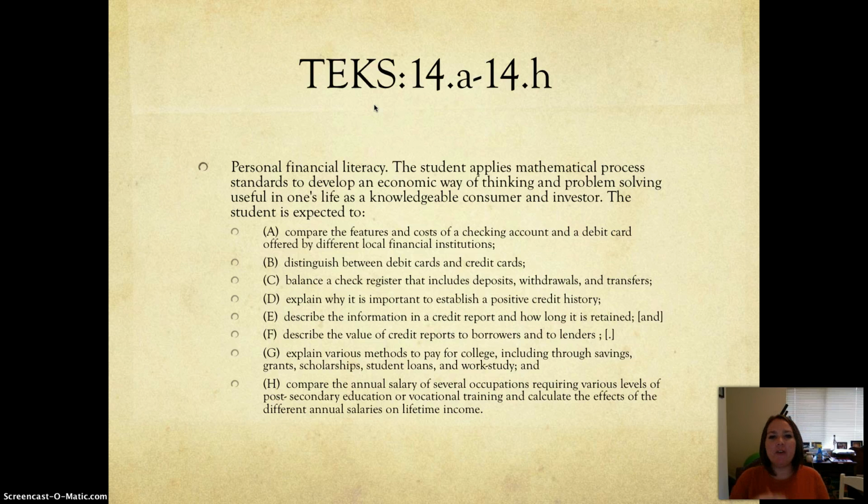So these are probably my favorite TEKS of sixth grade math. I think that this is important life lessons here. So this TEK is about personal financial literacy. The student will apply mathematical process standards to develop an economic way of thinking and problem solving.